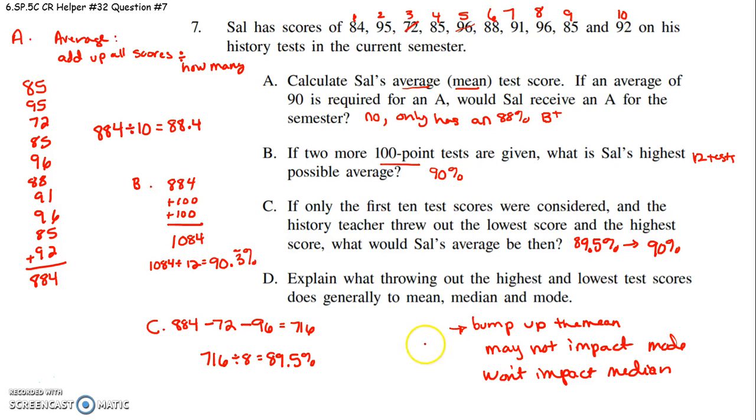It could possibly bump up the mean. But the median, if you take out the high and low, the middle score still remains the same, because that's the middle score. And there's a really good chance, if you take out the high and the low, it might not affect what appears most. I don't know what score for him appeared most. I mean, it might change the mode, but that doesn't really affect things too much. All right, hope that helps.